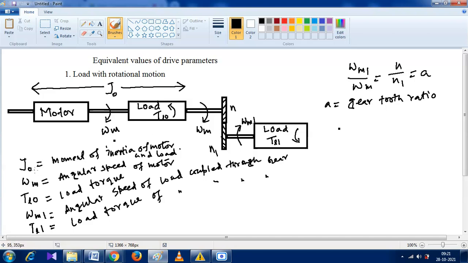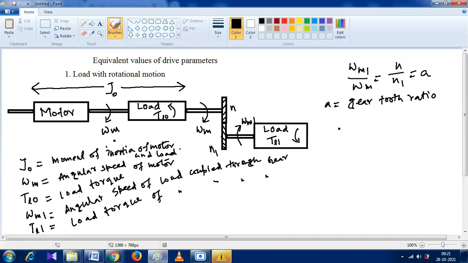J0 is the moment of inertia of the motor and the first load. The angular speed of the motor shaft is omega m, and the load torque of the first load, which is directly coupled with the motor, is TL0.